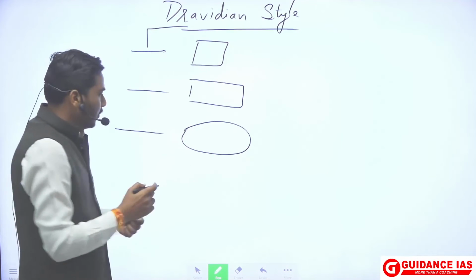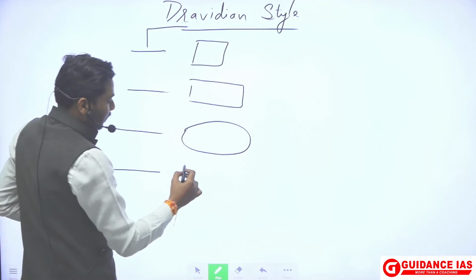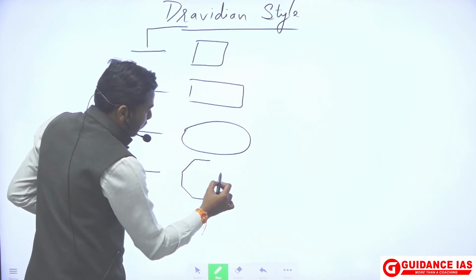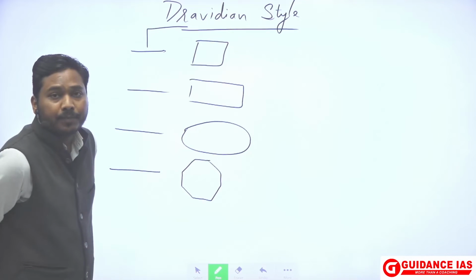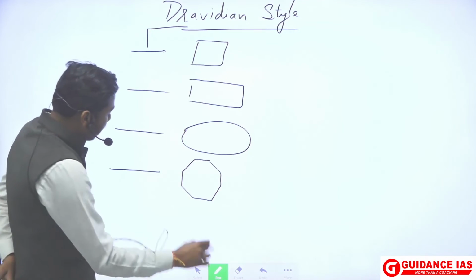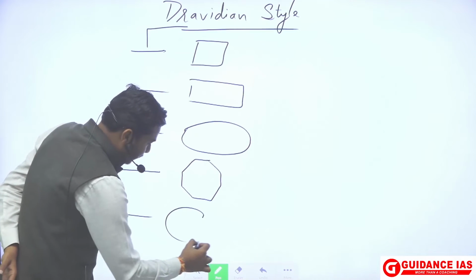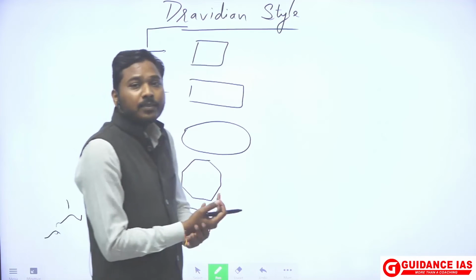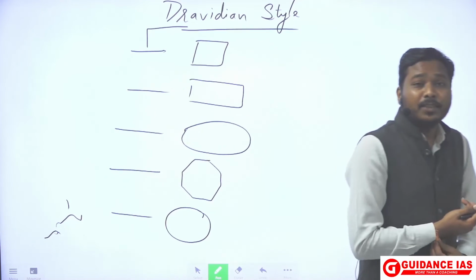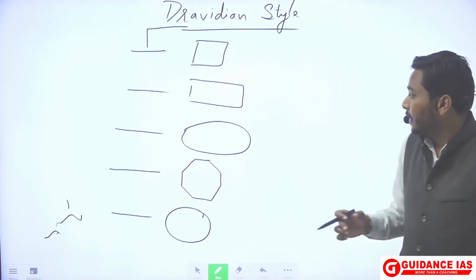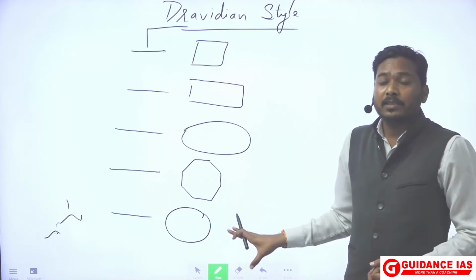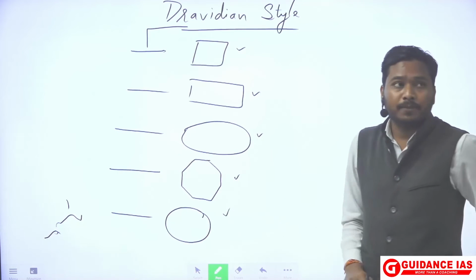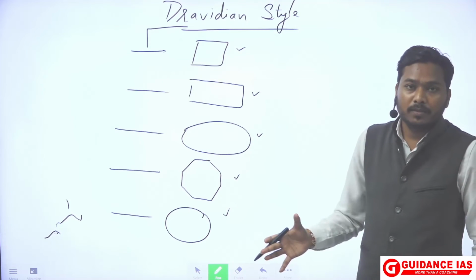I am talking about the platform. So that is the classification of Dravidian style architecture, where on the basis of their construction they can be divided into various platforms. Clear? So this is one thing.